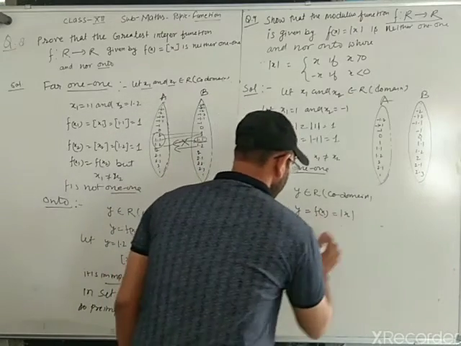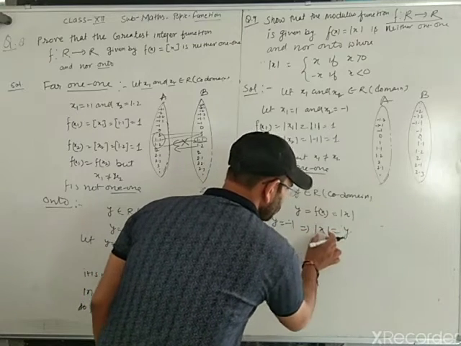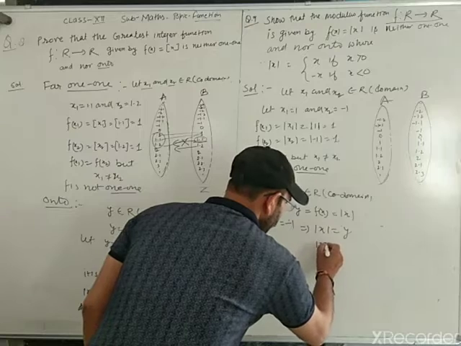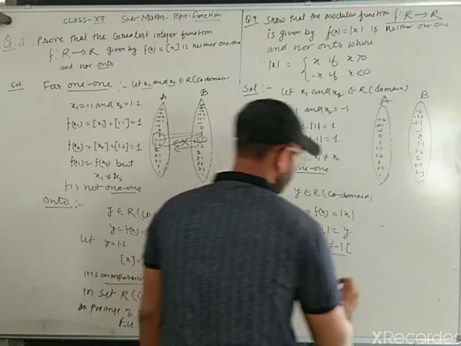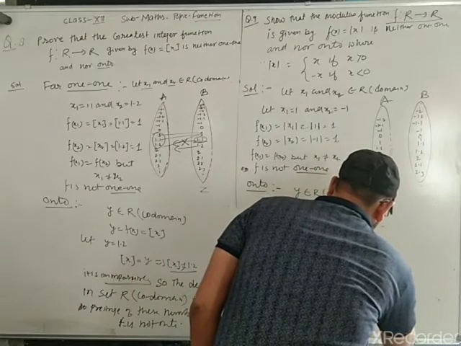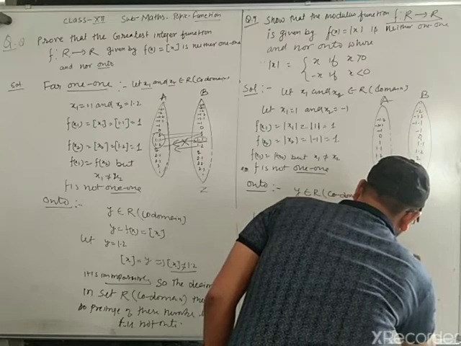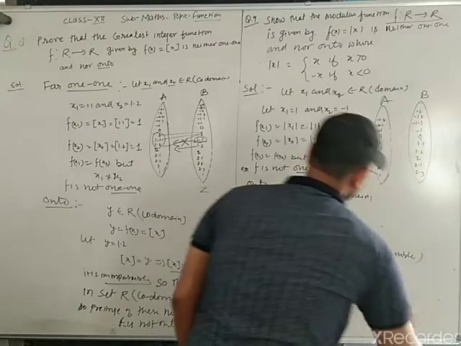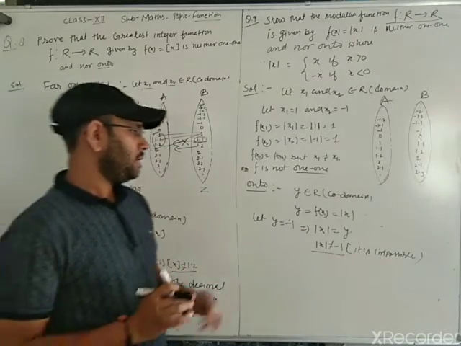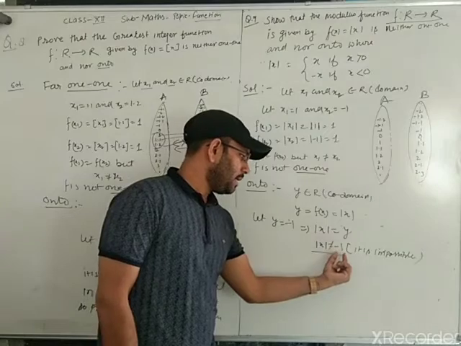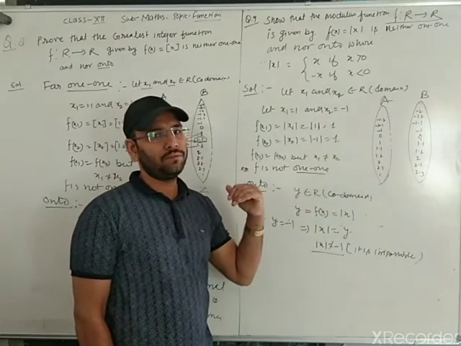Then modulus of x is equal to minus 1. Is it possible? No, it is impossible. If it is impossible, it means that for every negative value in the codomain, there is no pre-image.